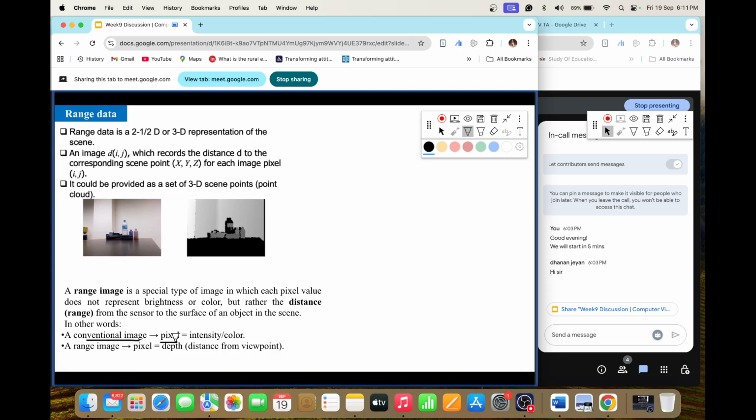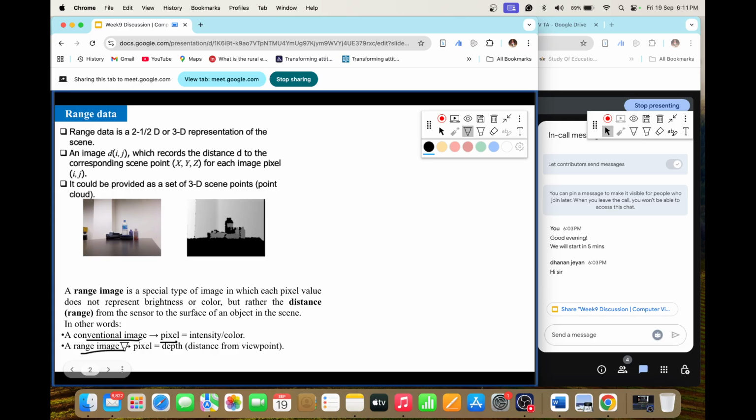Like in an 8-bit image, 2 to the power 8 is 256, so the color values are between 0 and 255. Then we have three different channels, RGB, so three different values of R, G and B, all from 0 to 255. That is our conventional image.